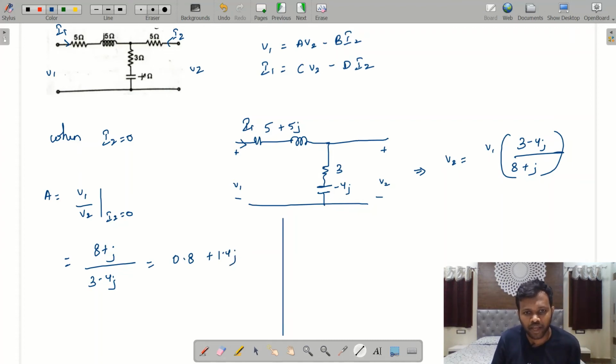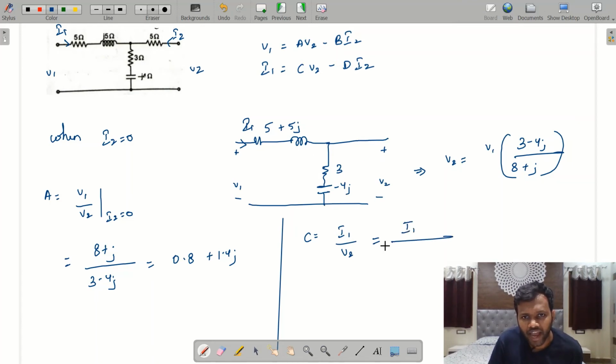At the same time, when I2 equal to 0, I can find out the C term also. So what is the C term? C equal to I1 by V2. What is V2 here?